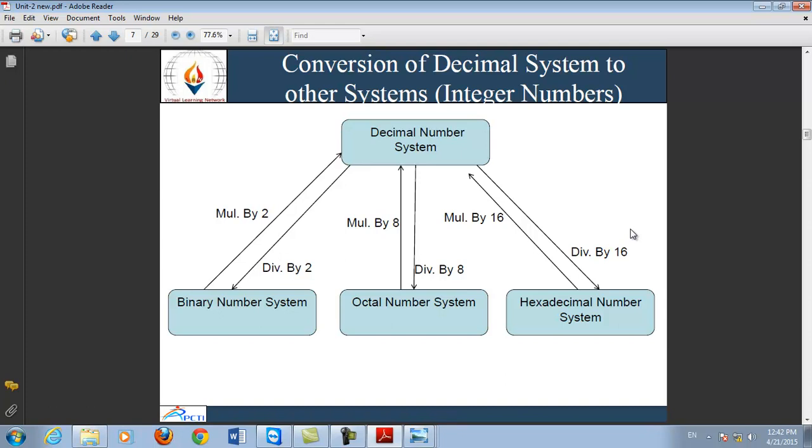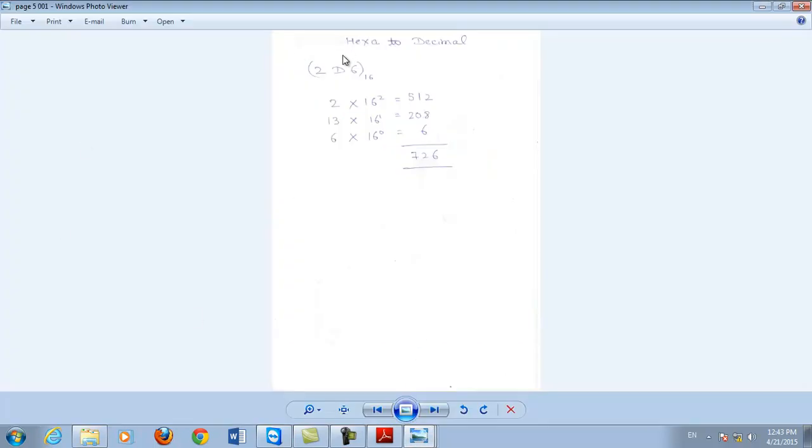Okay, hexadecimal to octal conversion. If you want to do the hexadecimal to octal conversion, firstly you have to convert the hexadecimal to decimal number as we did in the previous example. You can see here, hexadecimal to decimal. For example, we have the number 2D6 base 16 and you want to convert this number into an octal number.